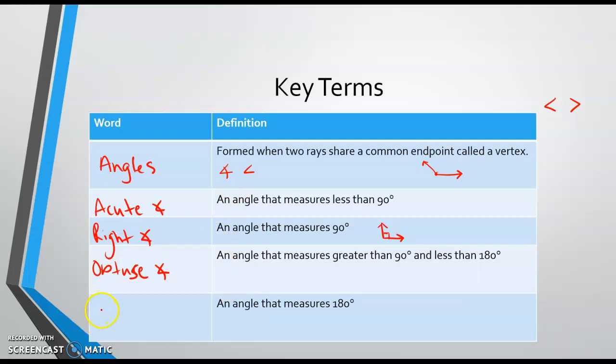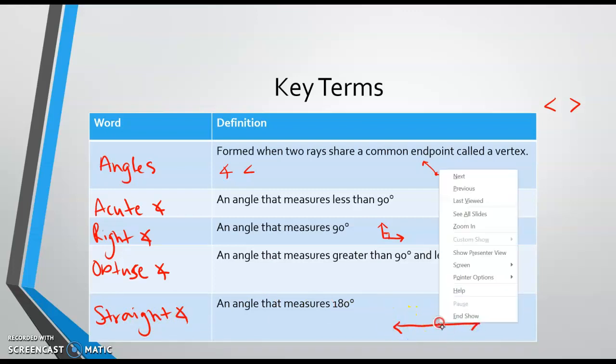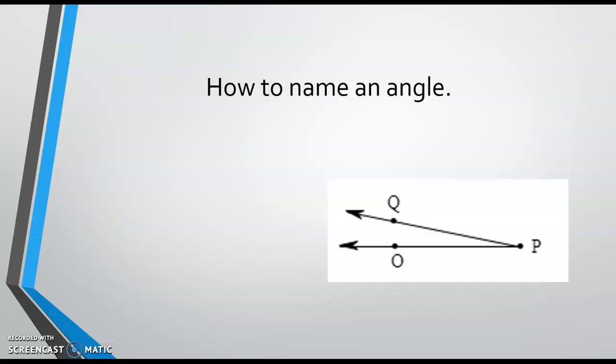And then an angle that measures 180 is our straight angle. A straight angle is basically a line, and you just put a vertex in there, and now I've created a straight angle because this is 180 degrees. All right, so that was just a quick recap on angle terms.